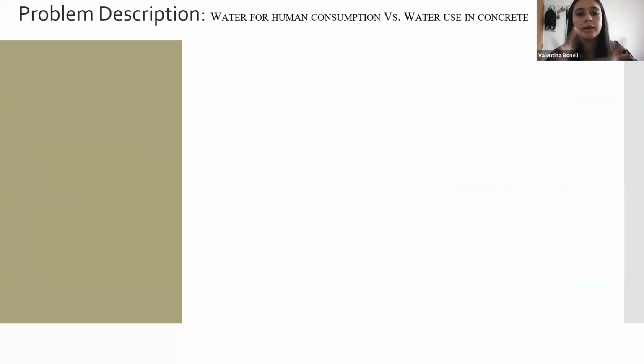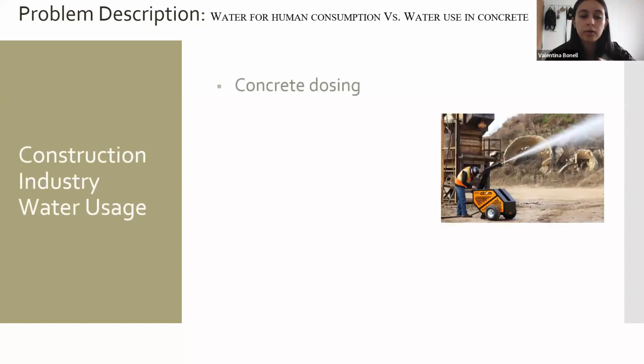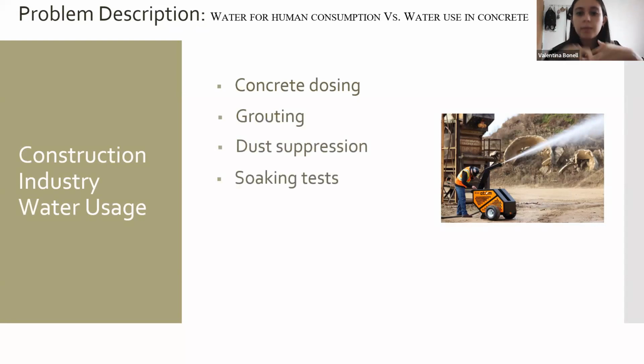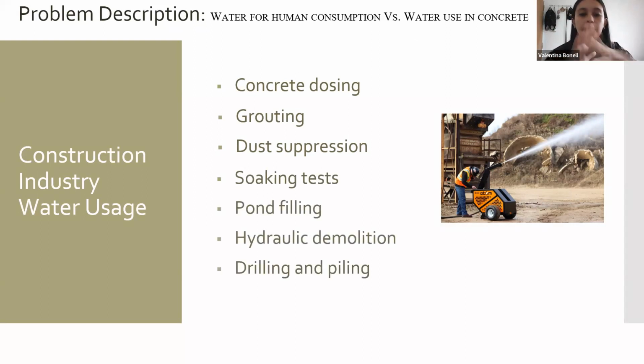The construction industry utilizes water for various functions on building sites, including concrete dosing, grouting, dust suppression, soaking tests, pond filling, hydraulic demolition, drilling and peeling.